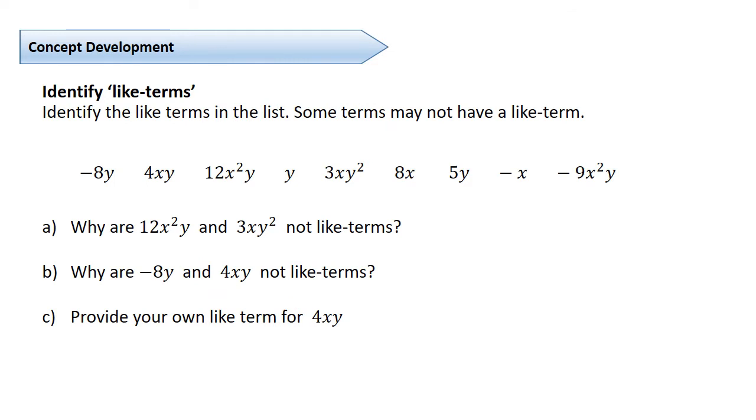So we need to identify the like terms in the list. Some terms may not have a like term. All we're going to do is run through this list and see how we go. So let's start from left to right. We have negative 8y. We're going to run through and see where else we have just a y. For xy, there's an x, so that is not like, it is different.